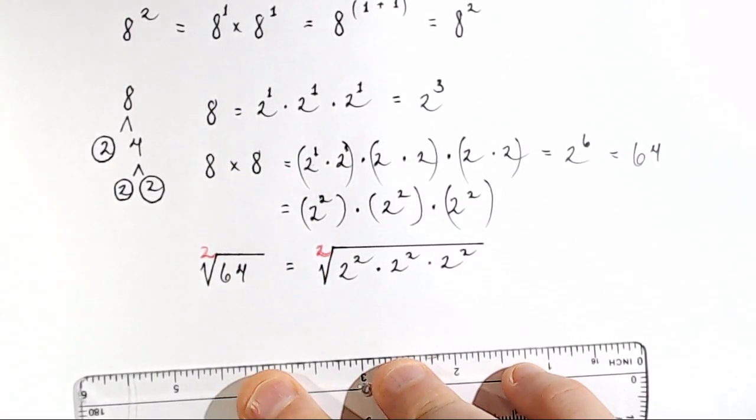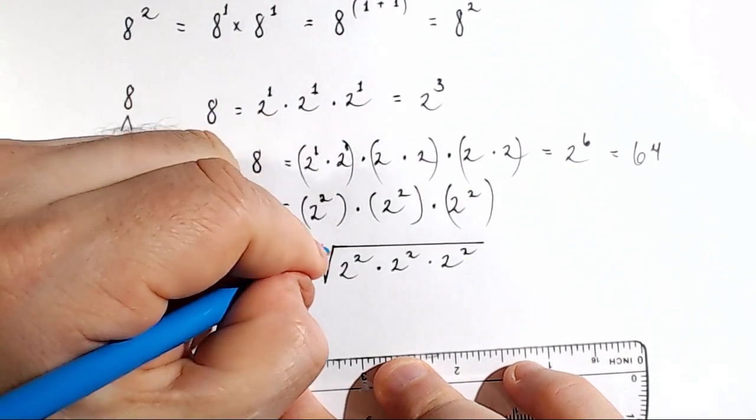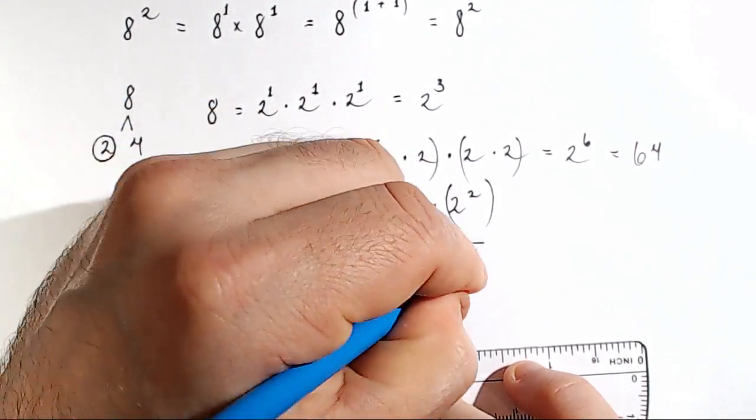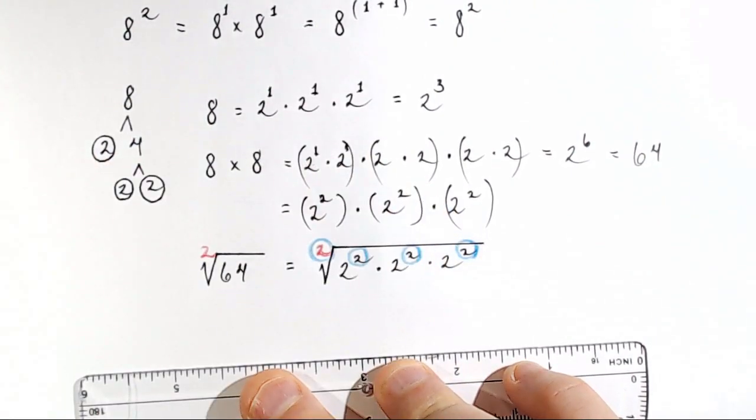Now that turns out to be extremely important. Whenever your index matches your exponent, okay, see how those are all 2's?